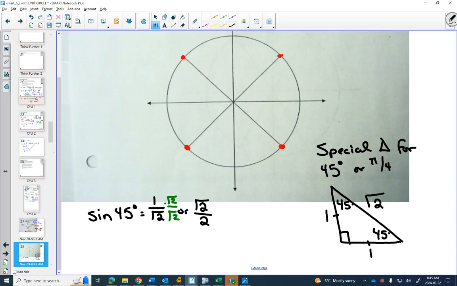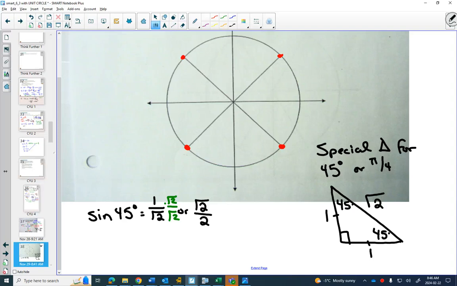In grade 12, you could write the answer either way, 1 over root 2 or root 2 over 2. When you took grade 11 math, they never let you keep a square root on the bottom of a fraction. It was considered unsimplified. I will write it in the simplified form, the root 2 over 2 form, because if you get a multiple choice question, it would always be in the simplified form.